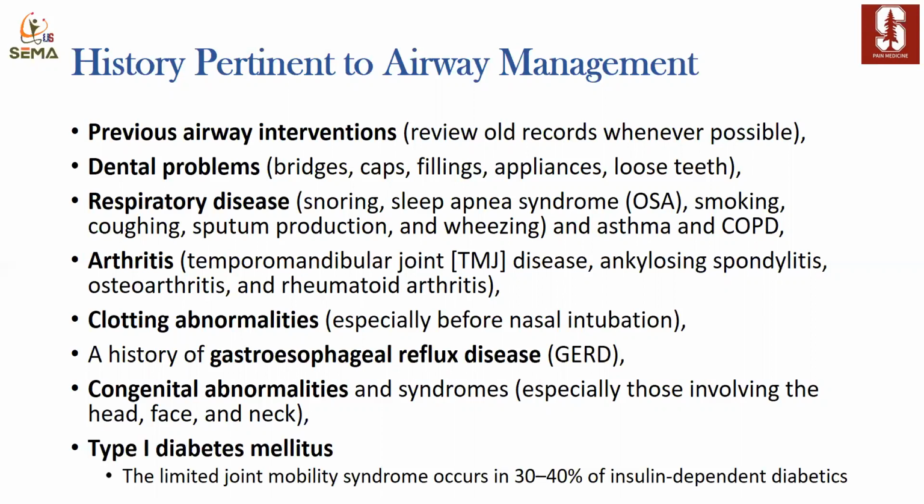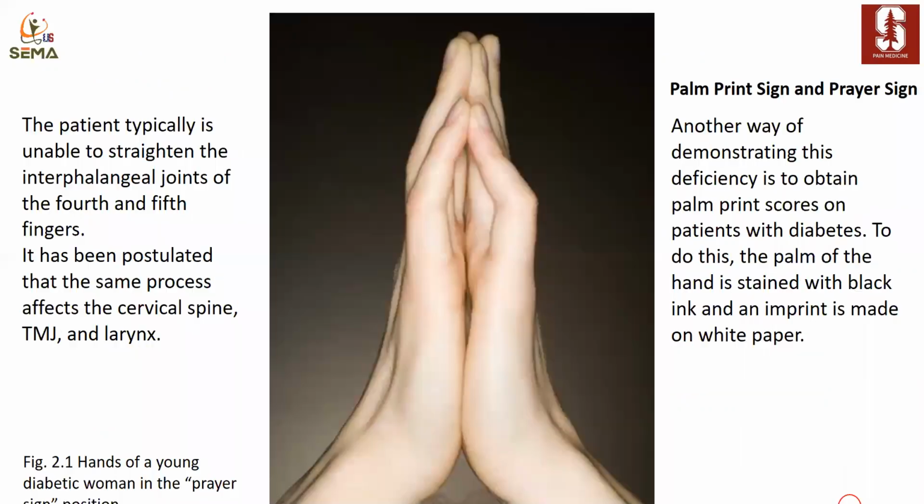Any congenital anomalies, there are a bunch of syndromes known to be associated with airway difficulties. Then if the patient has type 1 diabetes, it has been shown that almost 30% of insulin-dependent diabetics down the road develop some joint mobility syndrome. So this is a quick and easy test that you can do for chronic type 1 diabetes, called the prayer sign.